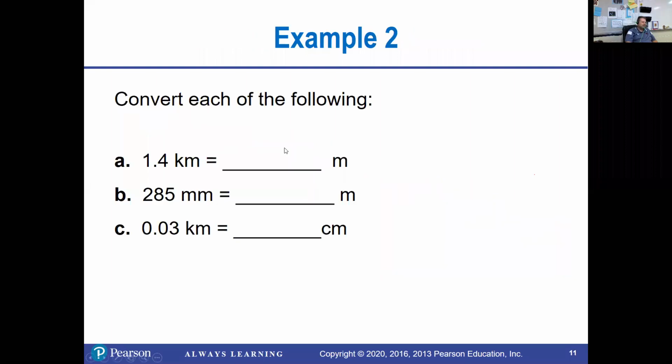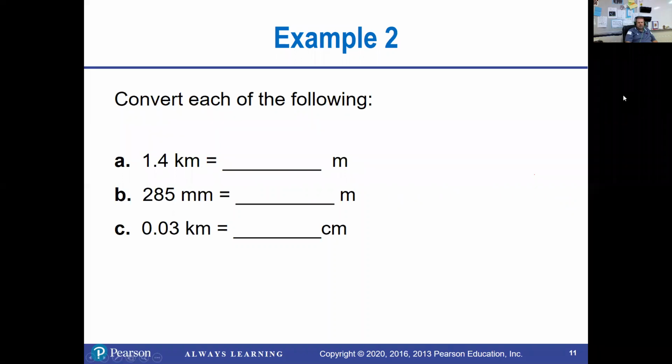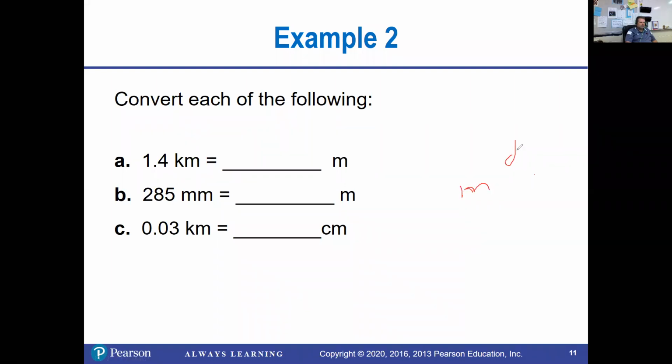All right, so how do we transition? Well, here is meter, and then you have decameter, hectometer, and kilometer. If I want to go from kilometers to meters, that means for every step down, I'm going to multiply this answer by however many tens that is: 10 to the third, which is 1,000.